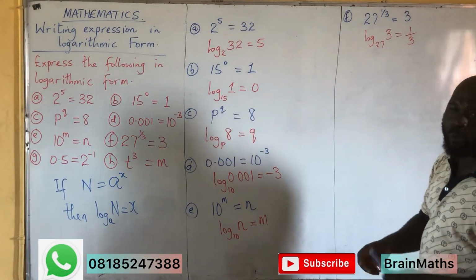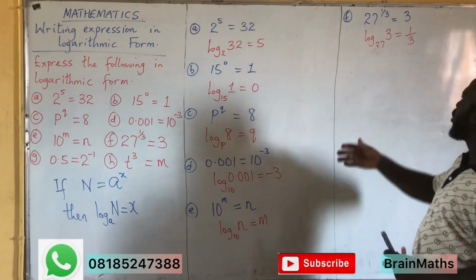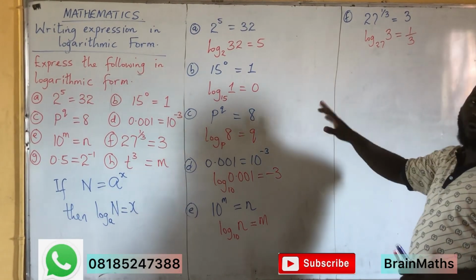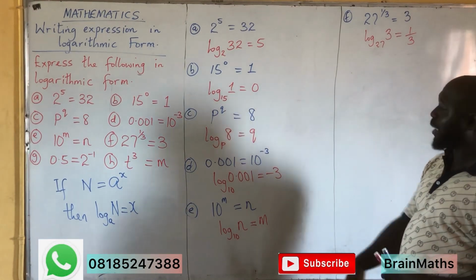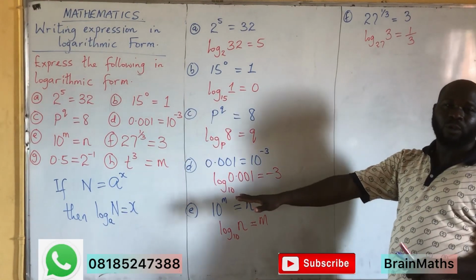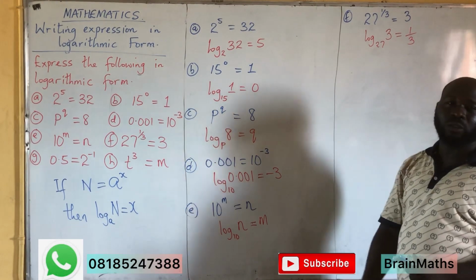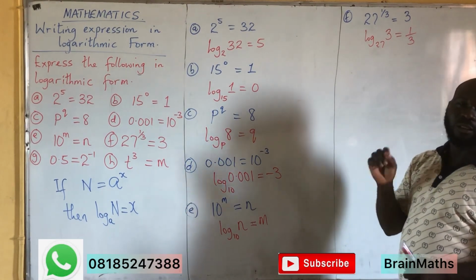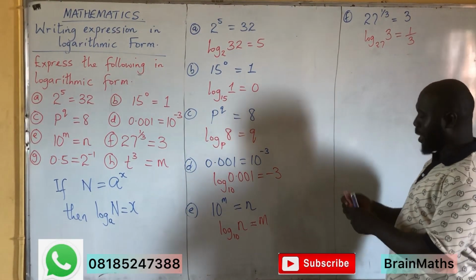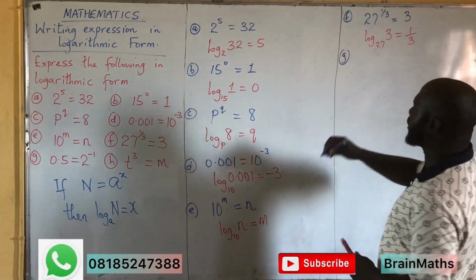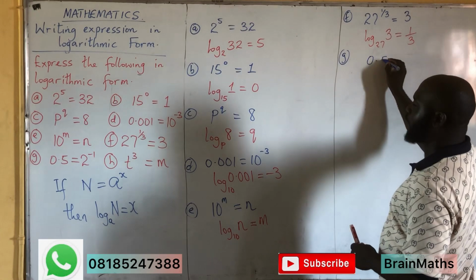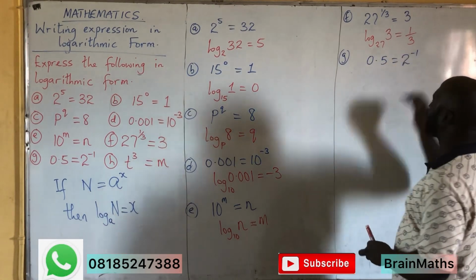When we go further, we are going to arrive at a place where you will see how all these answers are arrived. We are just following the basic rule now. All these things we are showing on the board have their different calculation, and we are going to get there very soon. The next question says 0.5 equals 2 raised to power minus 1.